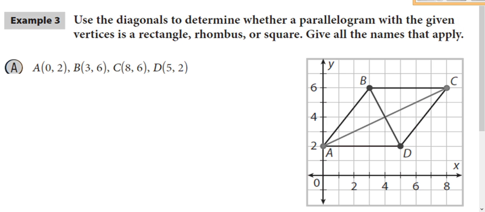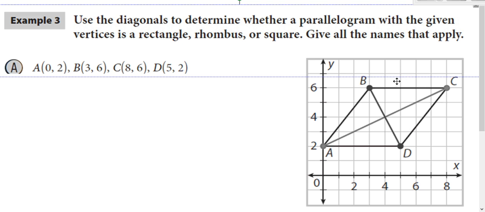So to determine what type of parallelogram this is, if it's a rectangle, a rhombus, or a square, first it needs to be a parallelogram, which, just like in the last example, it's got a length of 5. This one has a length of 5. They both have a slope of 0, so yeah, it's a parallelogram.